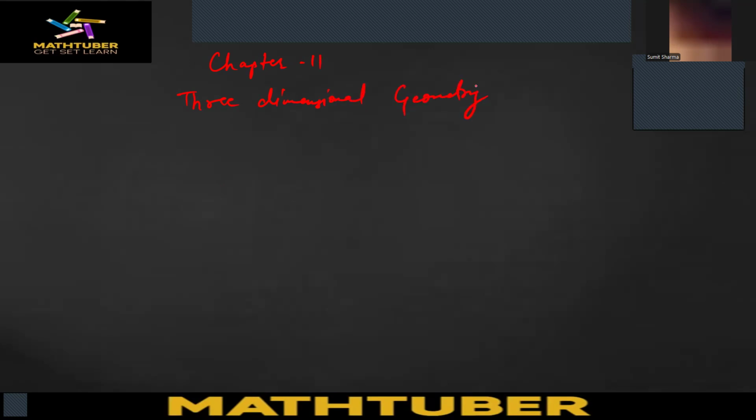And as we know, we have discussed all the things in vector algebra also. What are direction ratios? What are direction cosines? So we are going to start with that only. So if we talk about direction ratios and direction cosines and what is the relation between them.